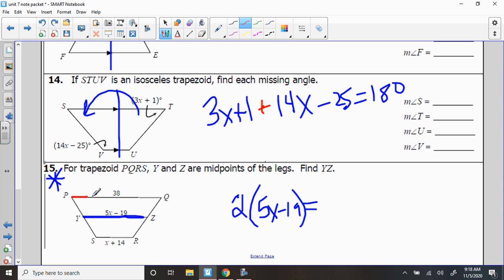And then on the other side, you add the two parallel lines together. And that is your equation. And that's how you'd solve and then plug X in to find YZ.